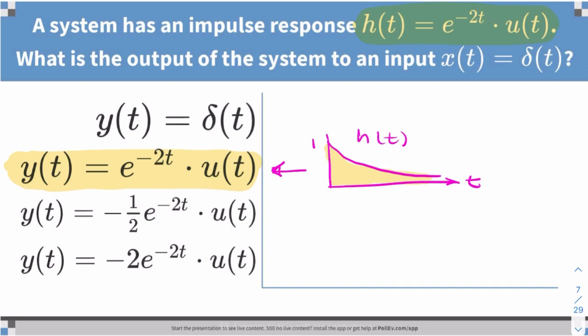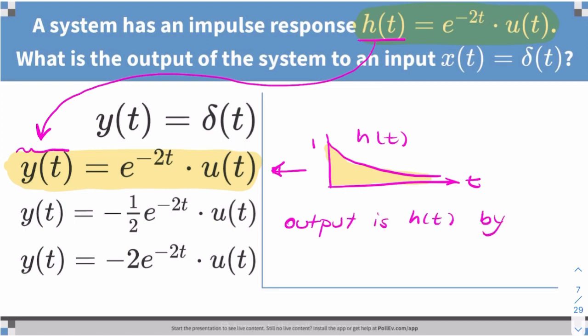Because we're told in the question that the impulse response is that. So if you apply an impulse at the input, what do you get? You get that. You don't get an impulse, you don't get that, and you don't get that. You get exactly h of t. So h of t is y of t. The output is the impulse response. The output is h of t by definition.